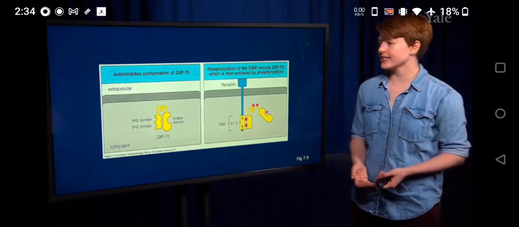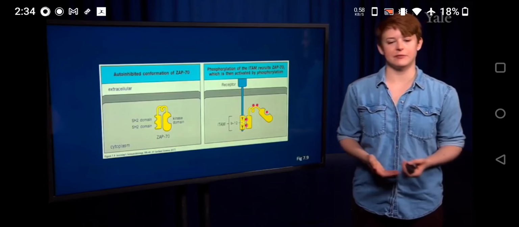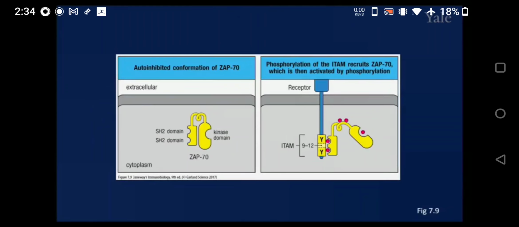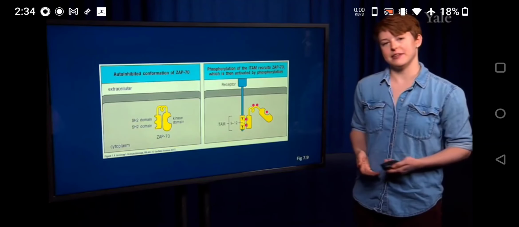It's a little more clear. Typically, ZAP70 is in its inactive conformation, which you can see on the left. Here, when these SH2 domains are not phosphorylated, the ZAP70 protein cannot bind to an ITAM.